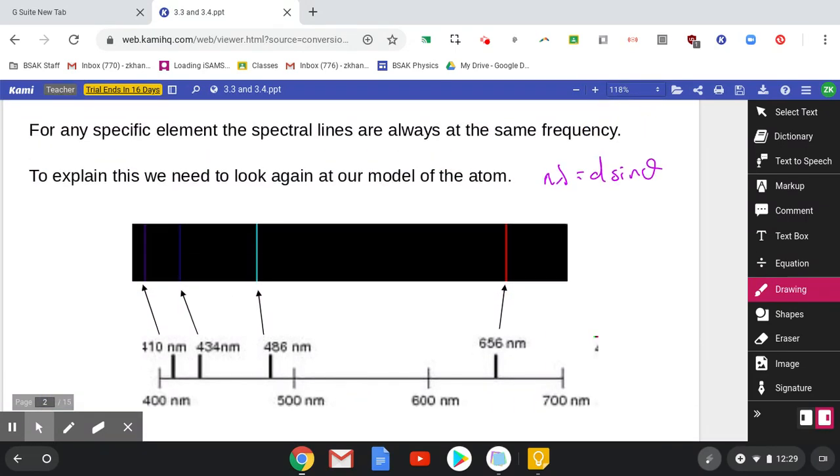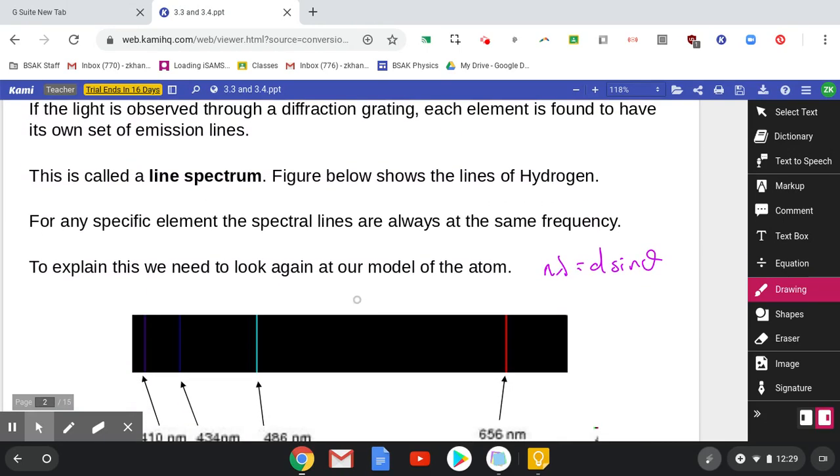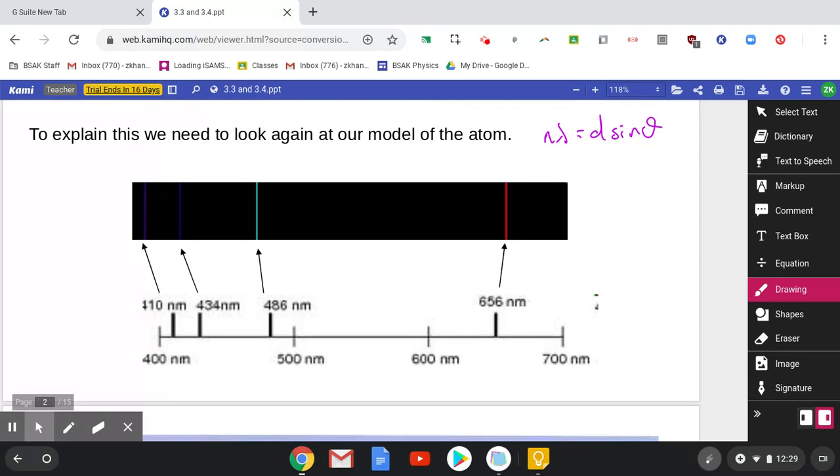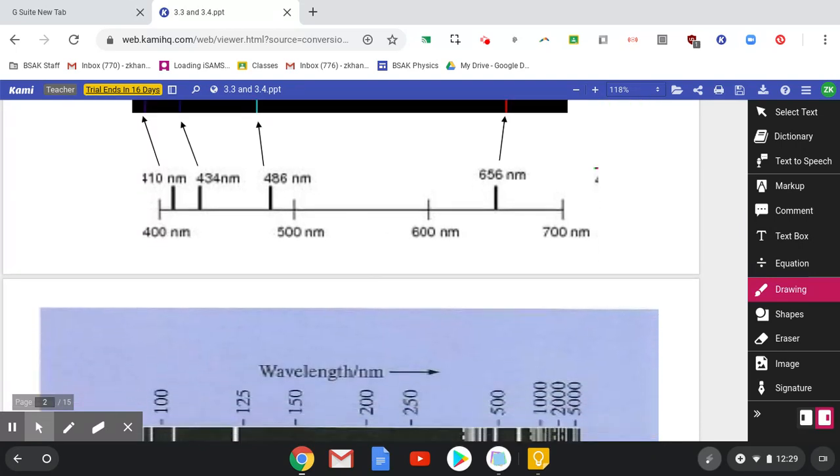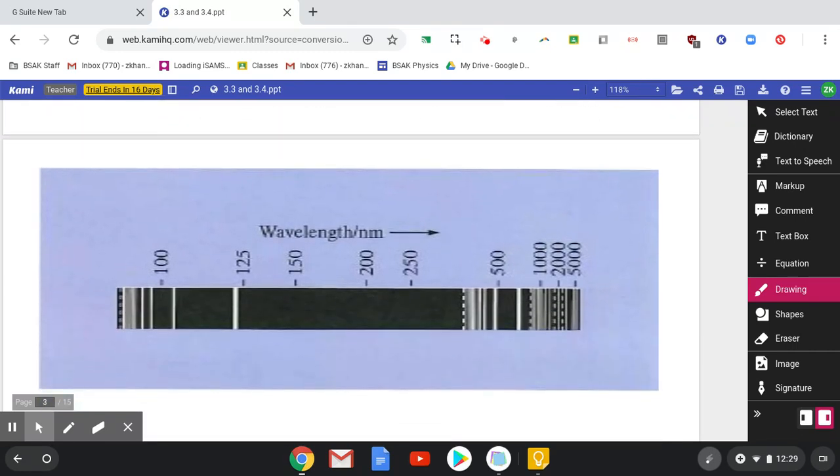Now, the reason why I'm discussing this is because there is a direct link between line spectra and the position where the electrons are inside an atom.